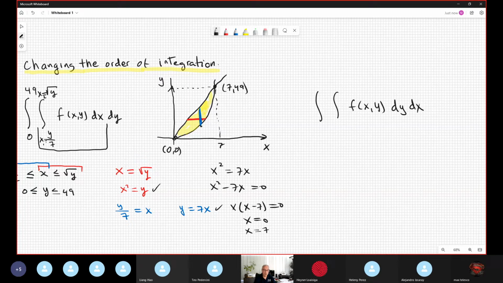So I go from the y of the parabola, which is x squared, to the y of the line, which is 7x. And in that direction I go from 0 to 7. Bang! End of story. And this integral gives me exactly the same answer as the original case given.